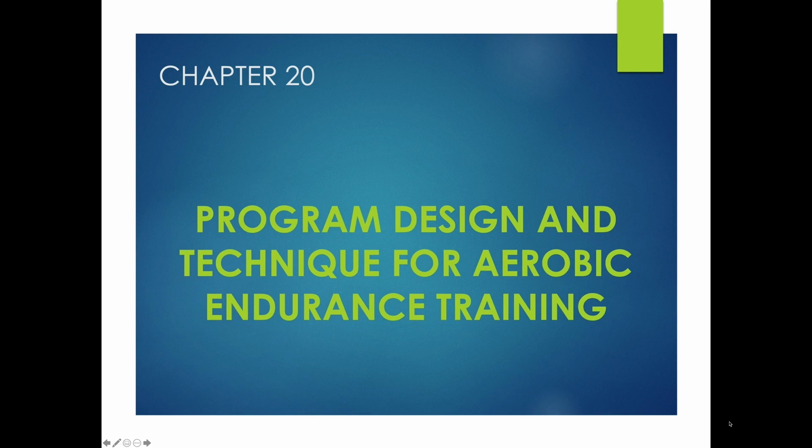Chapter 20, Program Design and Technique for Aerobic Endurance Training.